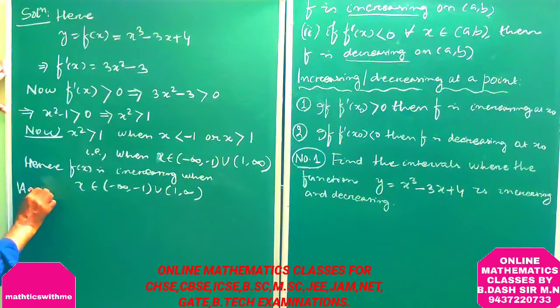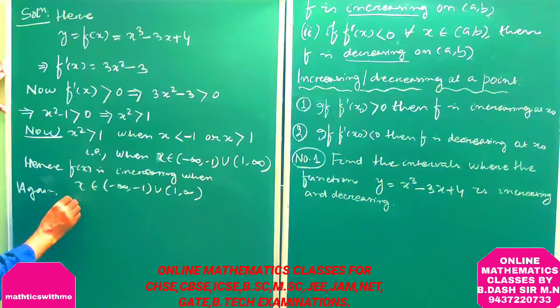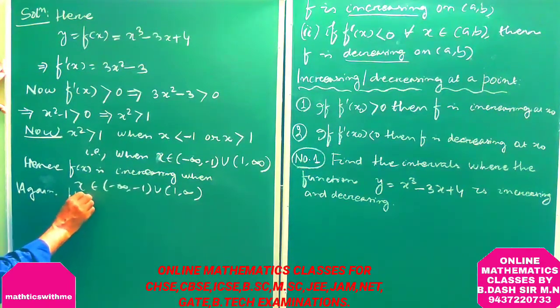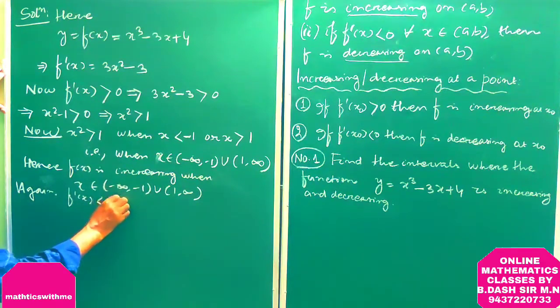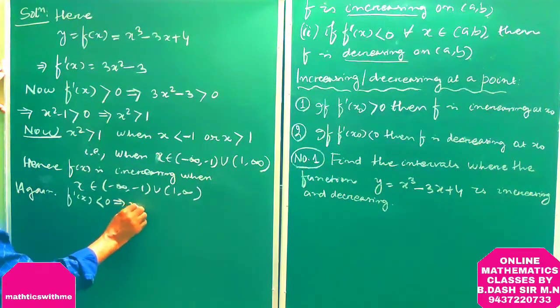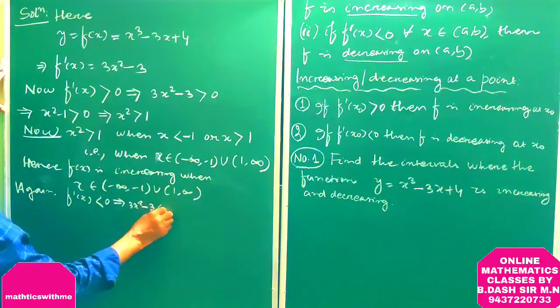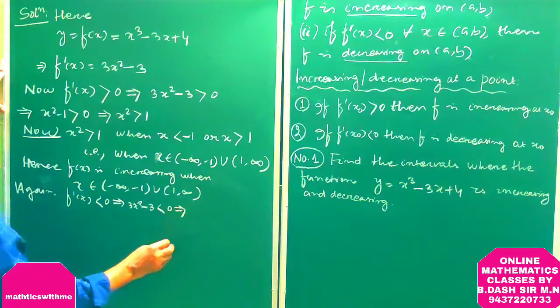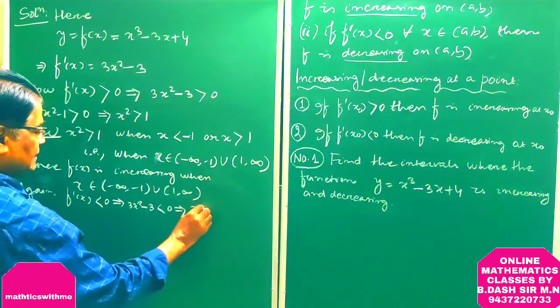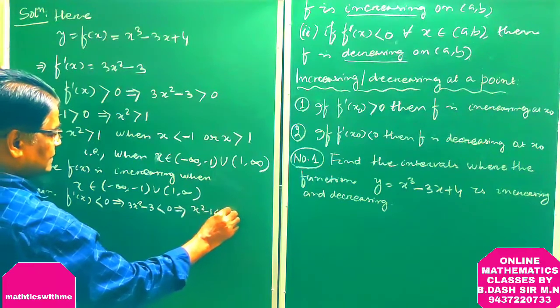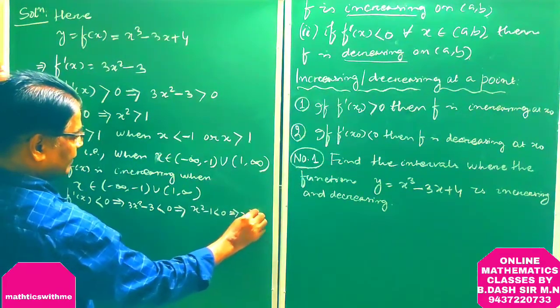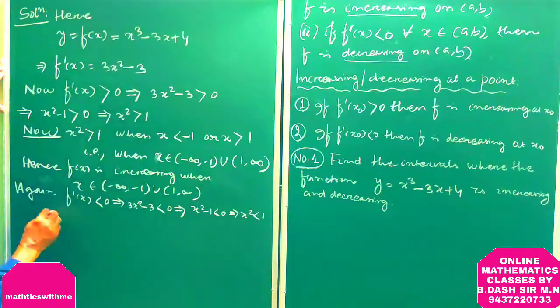Again, f'(x) < 0 implies 3x^2 - 3 < 0, which implies x^2 - 1 < 0, which implies x^2 < 1.